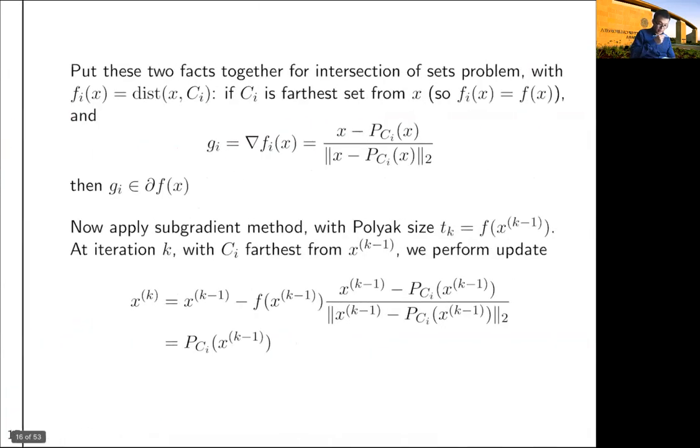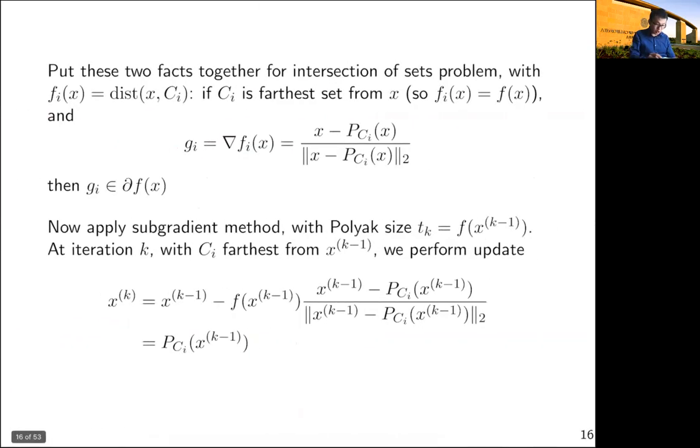So let's do that. Suppose we put these two facts together, construct the subgradient this way, and use the Polyak step sizes. This will be the subgradient update rule that we come up with. So we're moving towards the subgradient direction.